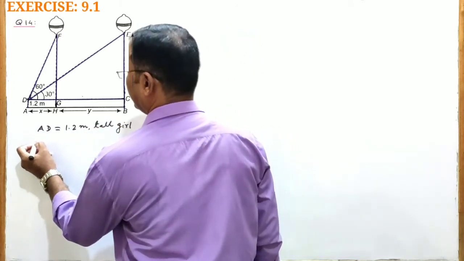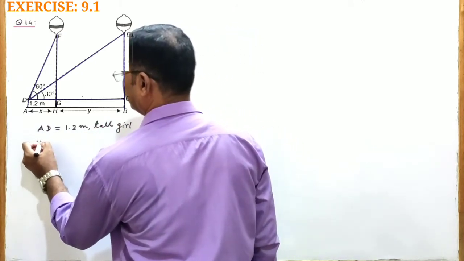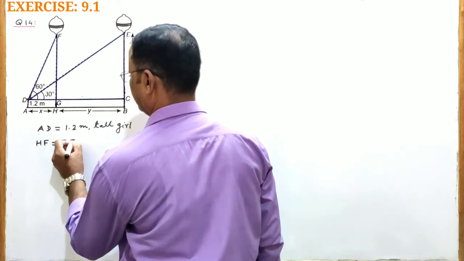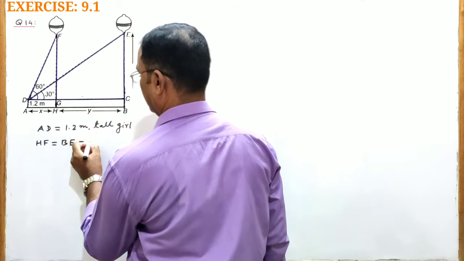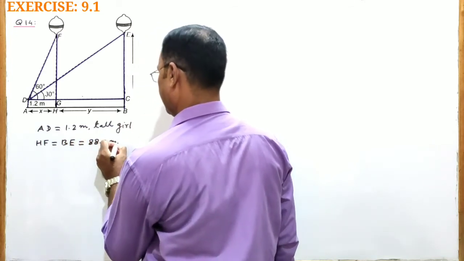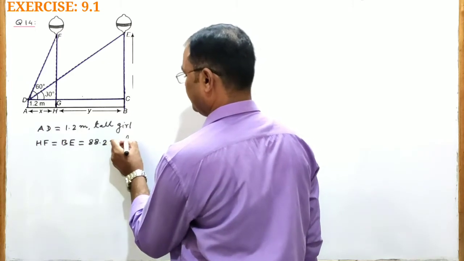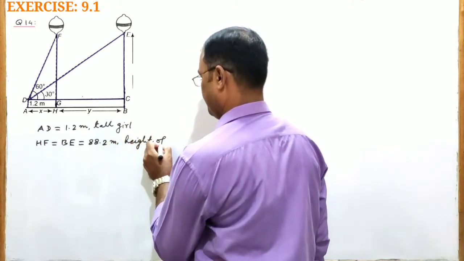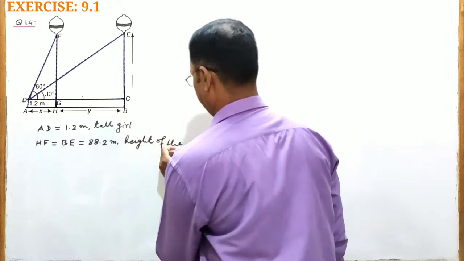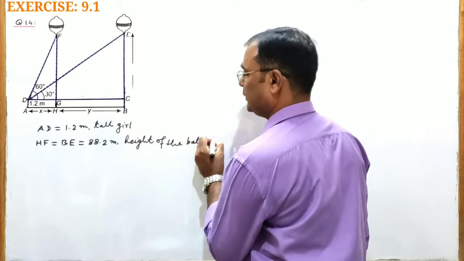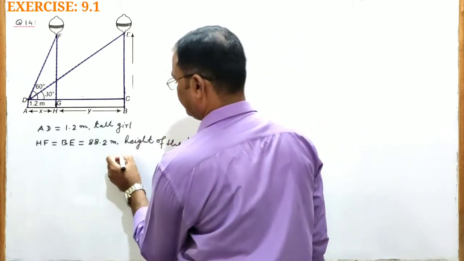BE and HF are 88.2 meter, the height of the balloon above the ground.